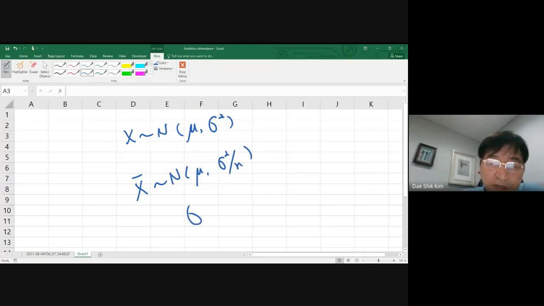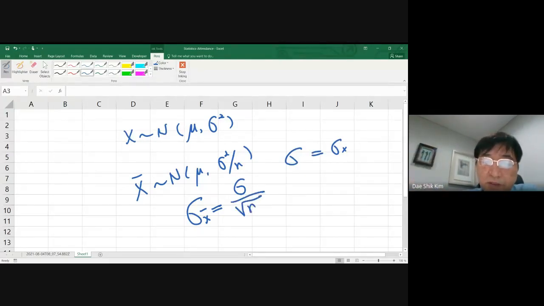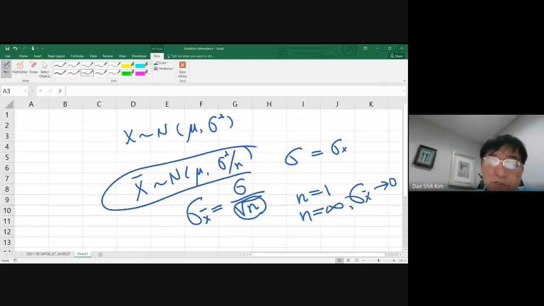So sigma x bar, the standard deviation of the sample mean, is the standard deviation sigma of X divided by square root n. Mathematically, when n equals 1, they are exactly the same. When n is a very large number, sigma x bar will be close to 0. This is most important.